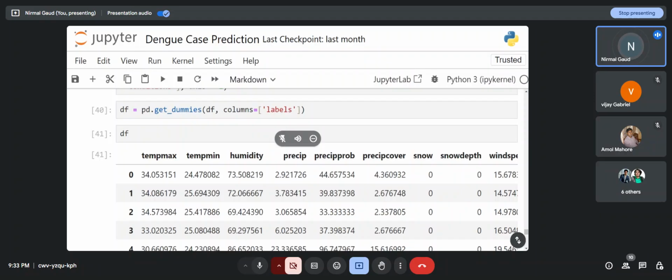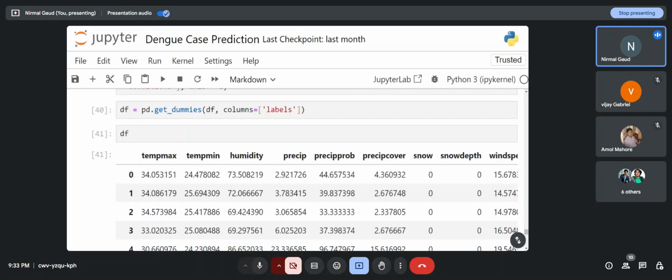Okay, so we were discussing our dengue case prediction project, and we have performed the entire preprocessing of our data and identified which features were not important.